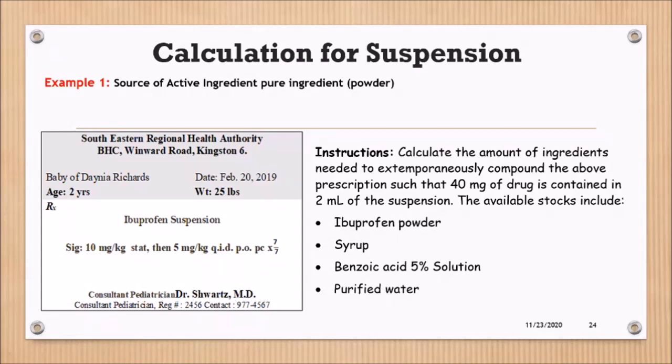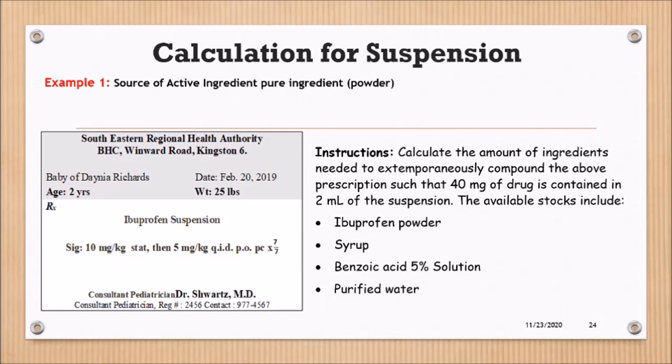All right. So we have a prescription here. Note the Signatura, SIG: 10 milligrams per kilogram stat, then 5 milligrams per kilogram QID, PO PC times 7/7. You were taught already, and I believe you do know, that there are certain things you're going to scan for in your prescriptions. You're going to scan the age and the name of the patient.